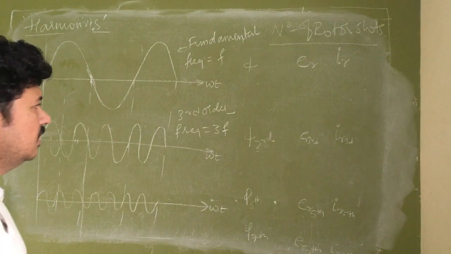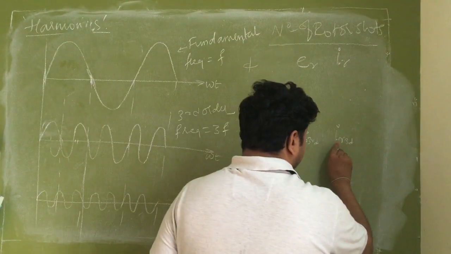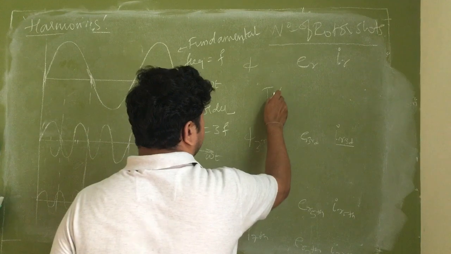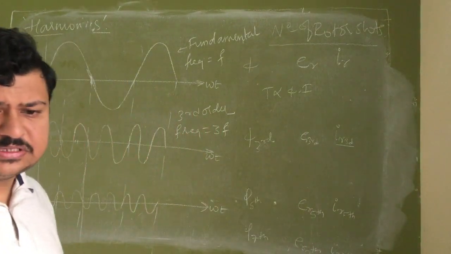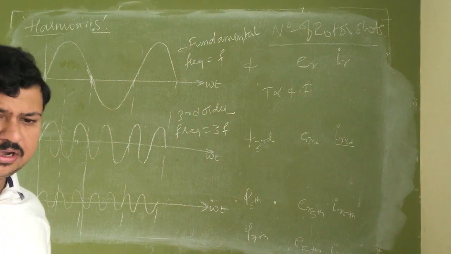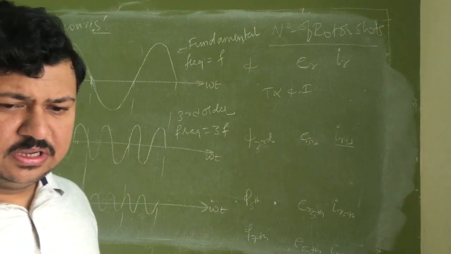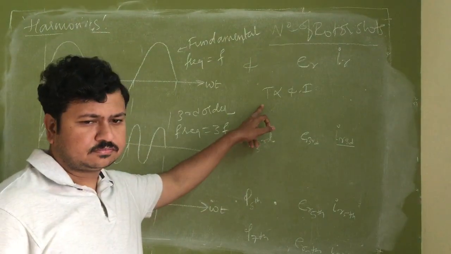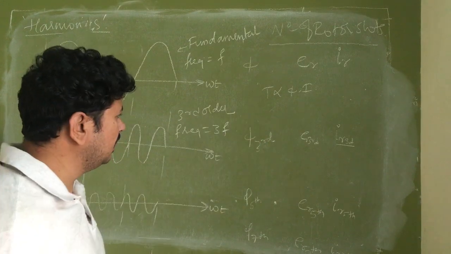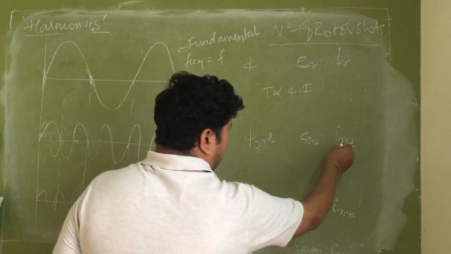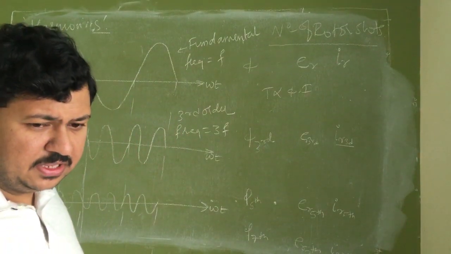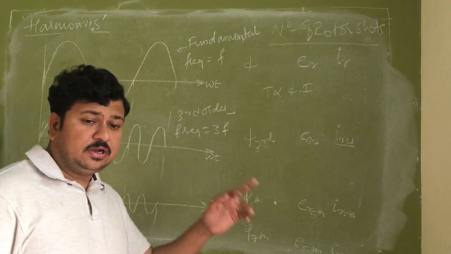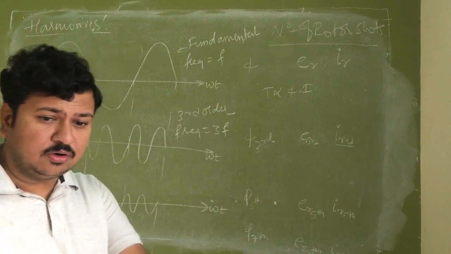Now observe, torque is directly proportional to phi into I. It is the interaction between flux and current. When any current interacts with the flux in space, torque is produced. Here, there is a third harmonic current in the rotor, which is linking with the third harmonic flux in the rotor.